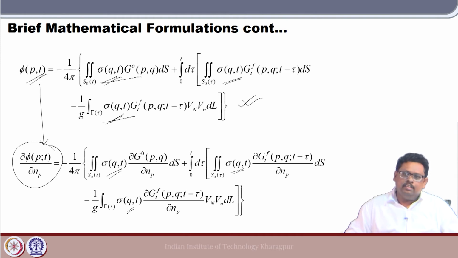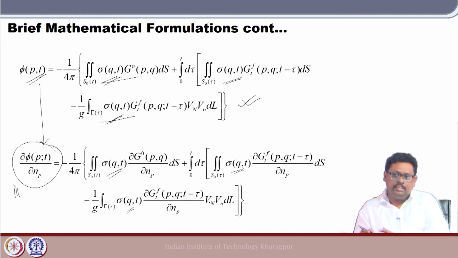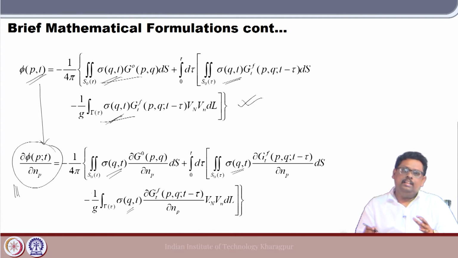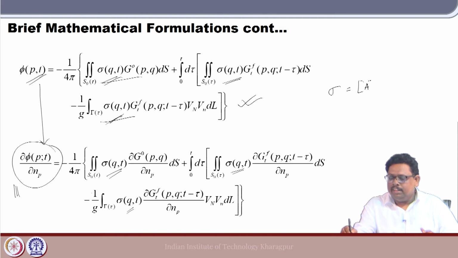Definitely later on, when we discuss the algorithm, you will get to know that this is the expression, and this is the unknown, as in the Wamit type solution. When you do that, the right hand side is basically a matrix equation, and then you get sigma equal to some influence matrix A inverse into this del phi by del n.